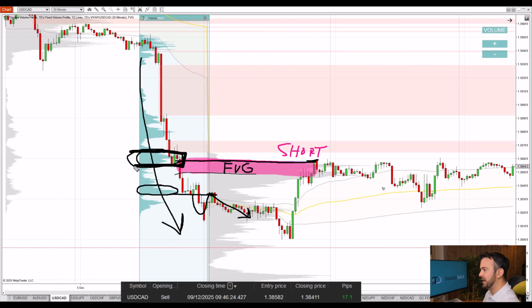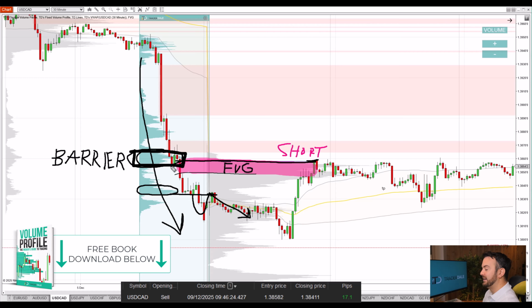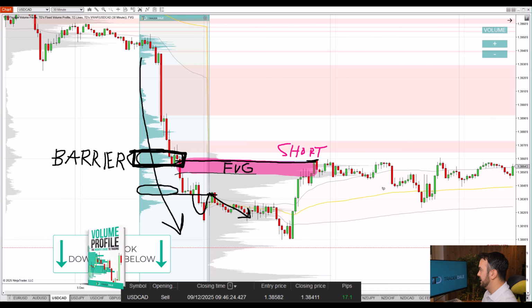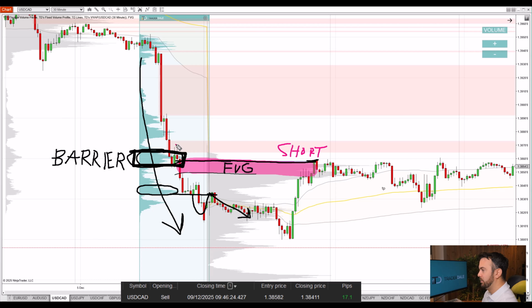If you look at this heavy volume zone, that's the barrier, and the stop needs to go behind it, because that barrier should protect my trade, right? So that's why my stop was in here. The stop was behind that heavy volume barrier, and also there was a little swing point here, so I placed that stop at the top of that swing point.